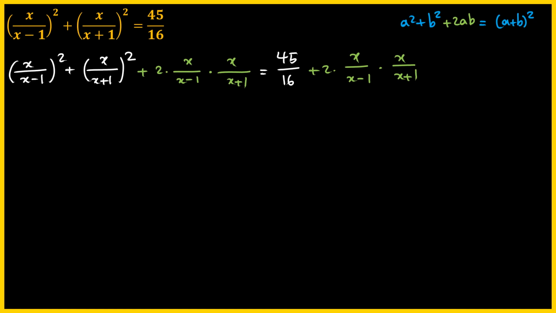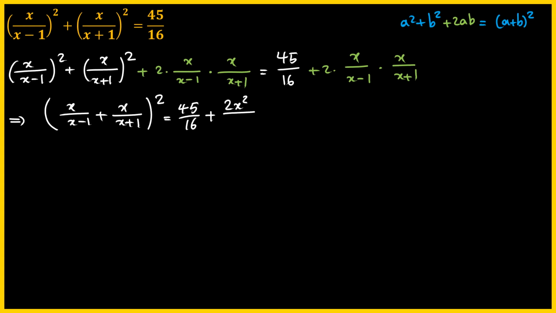And then we can rewrite the left-hand side as a perfect square. We can rewrite it as x/(x-1) + x/(x+1), and then the whole thing squared equals 45/16 + 2x^2/(x^2-1).